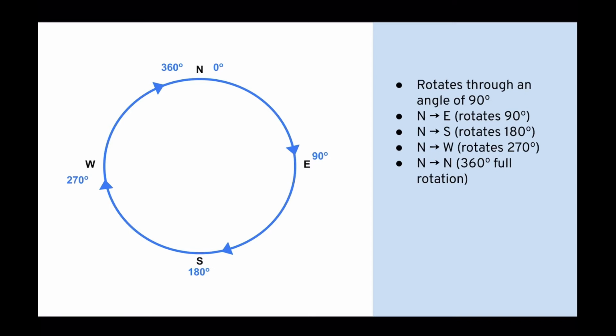That is another 90-degree rotation from east, but it is a rotation of 180 degrees from the original point north. When we rotate another 90 degrees to the west to face west, it is 270 degrees from north. By rotating another 90 degrees back to the original point north, a full rotation of 360 degrees happened.